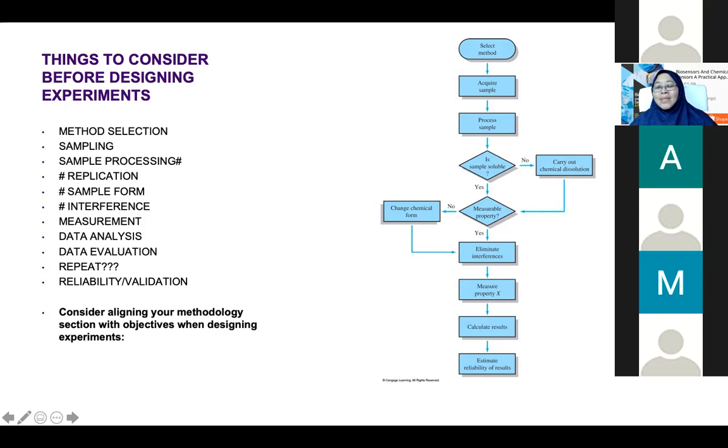Of course, the usage of HRTEM to look at the nano size, FESEM to look at the nanostructure must be. If it is not in the experimental design, then how are you going to prove that you have prepared a nanostructure material? That's an example.